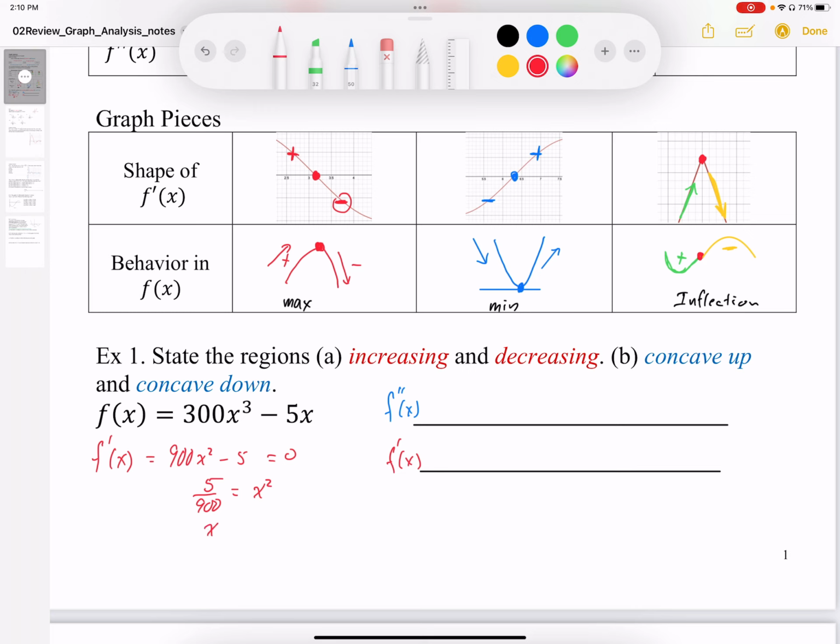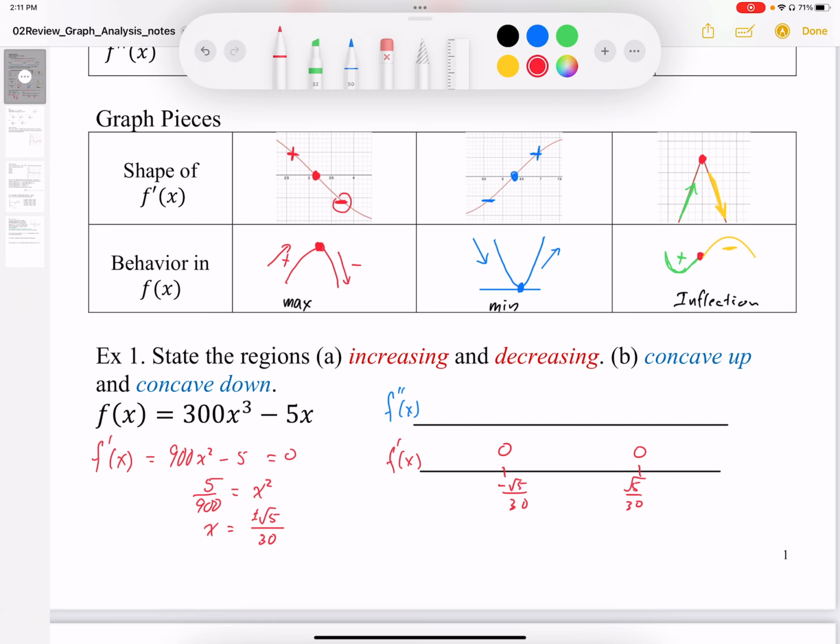So my x is going to be equal to the square root of 5 over the square root of 900, which is 30. So we get plus or minus root 5 over 30. So I have a negative root 5 over 30 point here. There's a 0 slope here. A positive root 5 over 30, there's a 0 slope here.